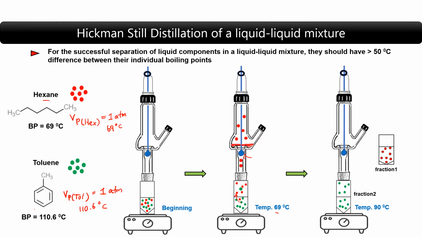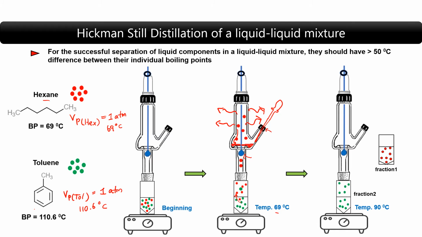And once they reach the bulb of the Hickman still, the heat will be diffused to the air, and these vapors will form into condensates, and those condensates will collect at this groove part, and we can open this cap, insert a glass pipette, and draw out this distillate of hexane and store it in a separate vial.